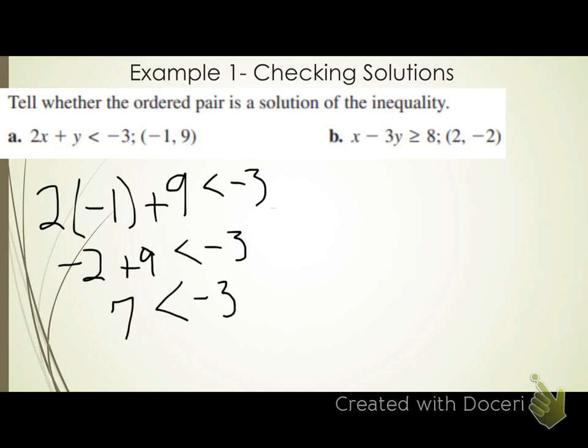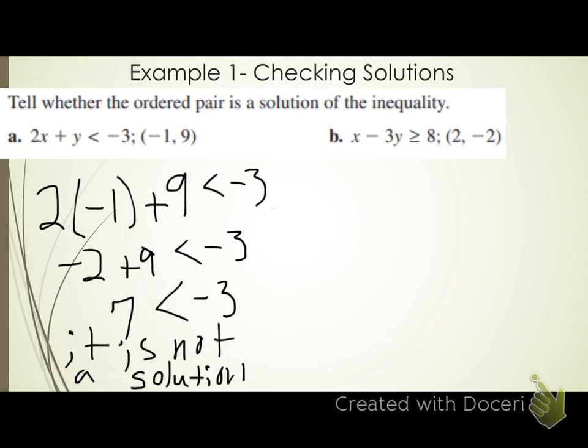So I get the statement 7 is less than -3. Is that a true or false statement? False. So would this ordered pair be a solution to this inequality or not? No. So I'd say it is not a solution.